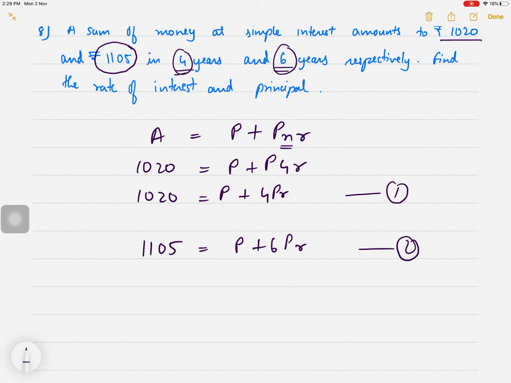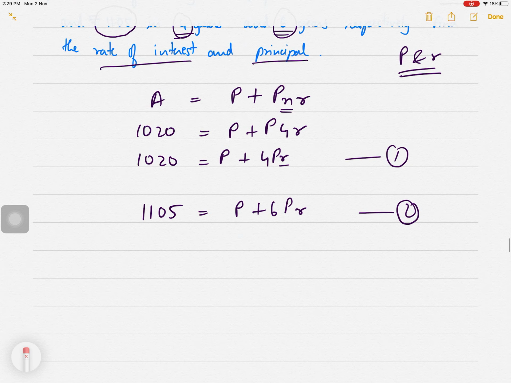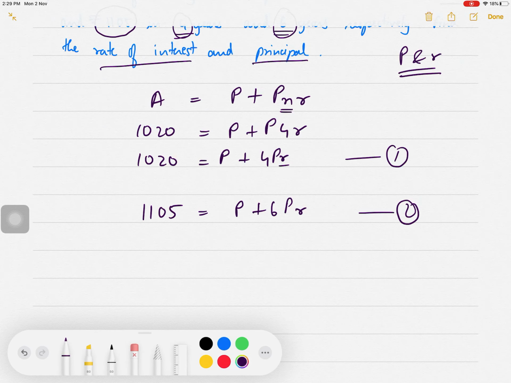Okay, now I have to find out rate of interest and principal. That means I have to find P as well as R. Okay. Now I have two equations and there are two variables also. So it's easy to solve. Let's subtract equation 2 with equation 1. Okay.